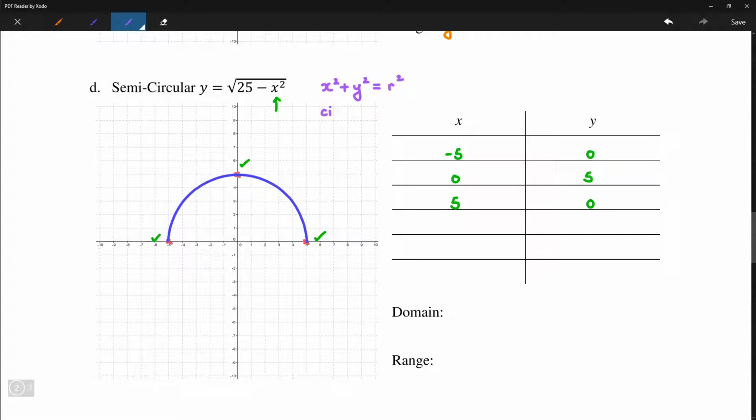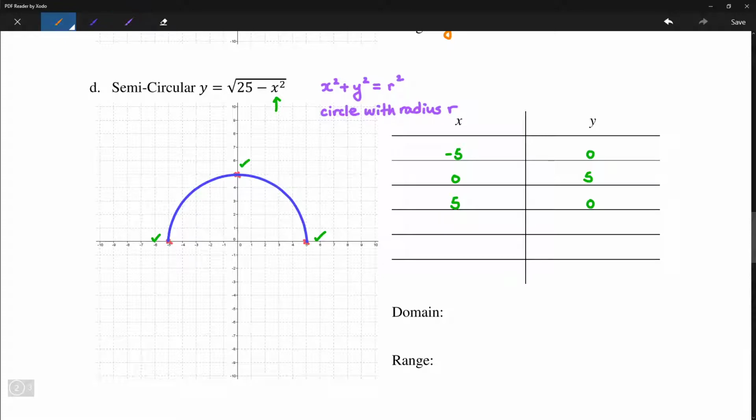This makes a circle with radius r, but it is not a function. If the terms were rearranged and solved for y, and we only kept the positive square root, then we will have this semicircular graph as we do right now.